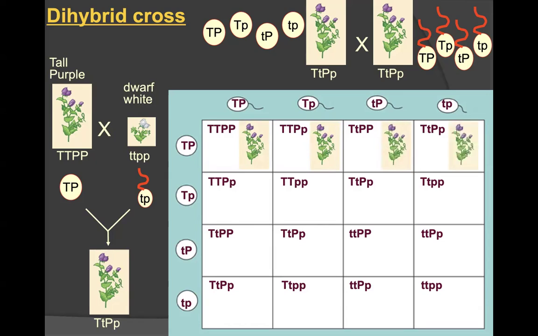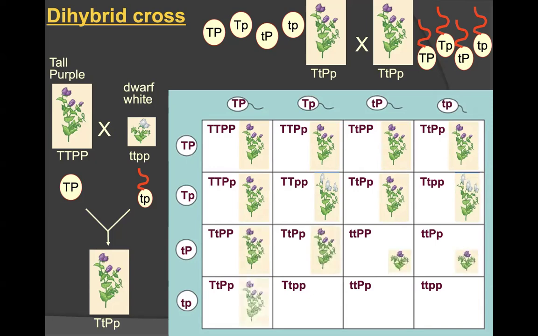Anytime that you have a dominant allele, it would exhibit that dominant trait. And continue on. Here we have a tall but white flowered plant, another tall and white flowered, so on and so forth. We only have a dwarf plant when we have little t, and we only have a white flowered plant when we have little p.